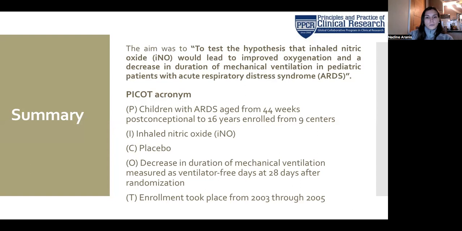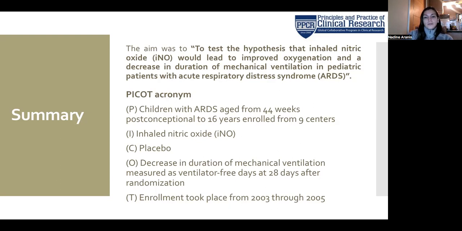The intervention was inhaled nitric oxide. The comparator was placebo. And in this case, the primary outcome was the decrease in duration of mechanical ventilation, measured as ventilator-free days at 28 days after randomization.